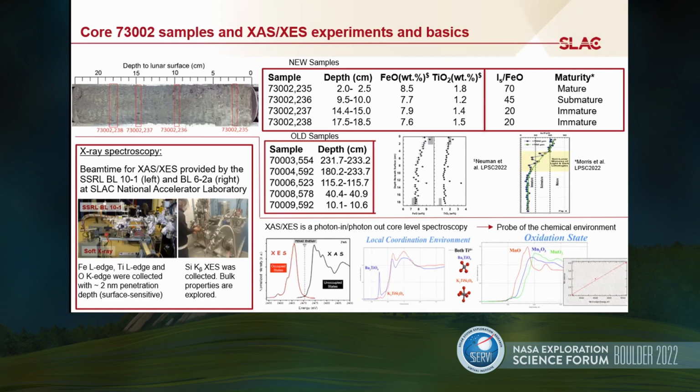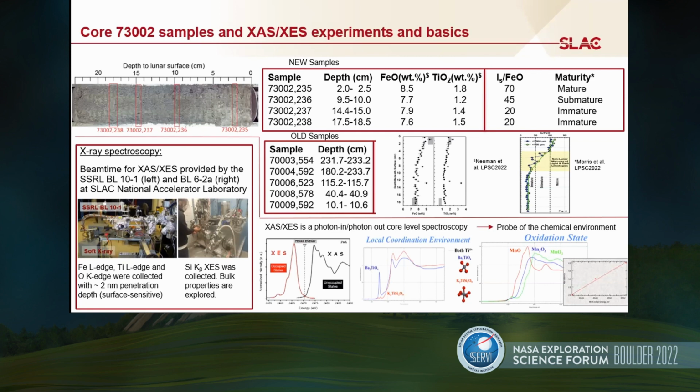Briefly, we have performed these X-ray spectroscopy studies at SSRL here at the National Accelerator Laboratory, to study iron, titanium, and oxygen. XAS is a photon-in, photon-out core-level spectroscopy that basically probes the chemical environment around a certain species.